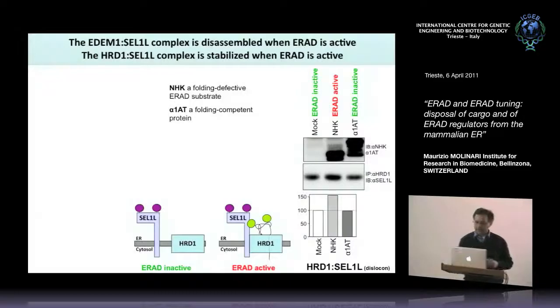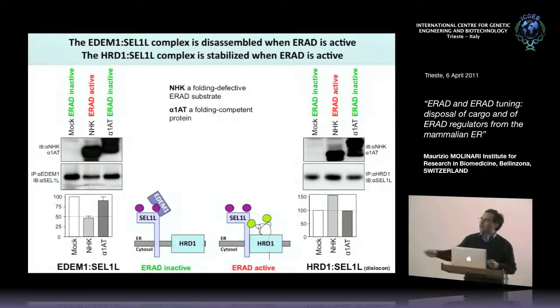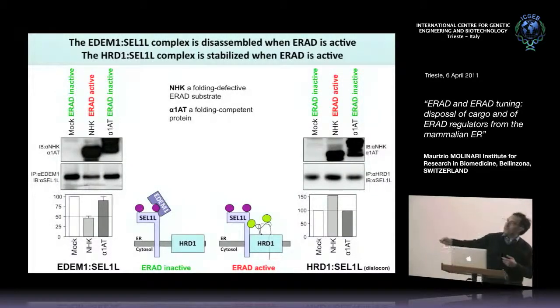What happens with the complex between EDEM and cell 1? People were saying that EDEM is binding to cell 1, and that this is involved in degradation of chaperones, because then EDEM discharges substrate here. So it's kind of opposite. When the degradation machinery is inactive, you have a lot of this complex. Here we immunoprecipitated EDEM, and then we did a blot with cell 1.